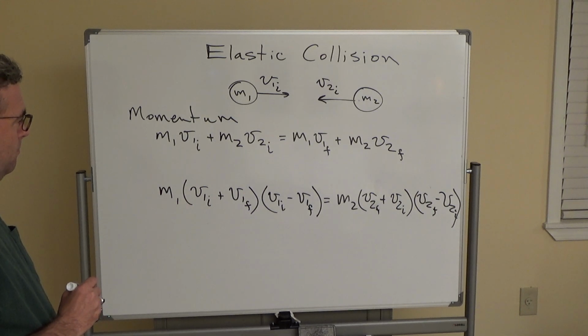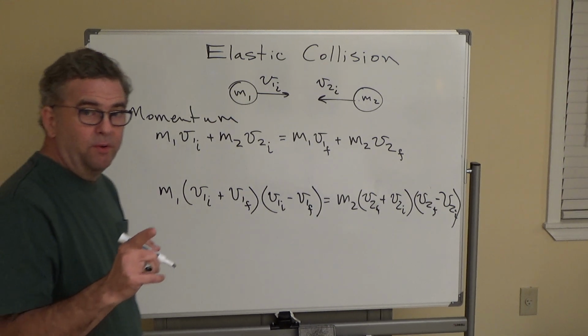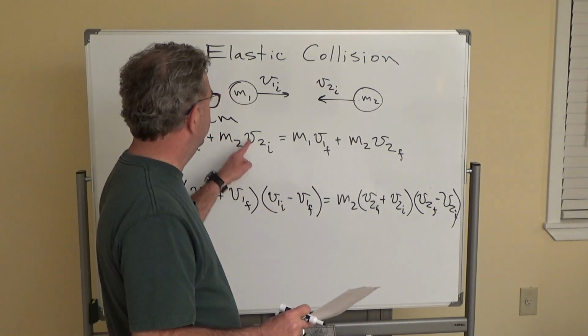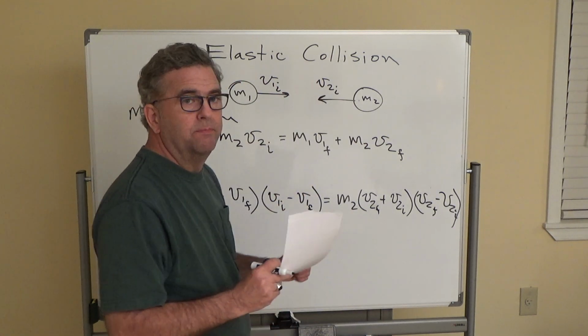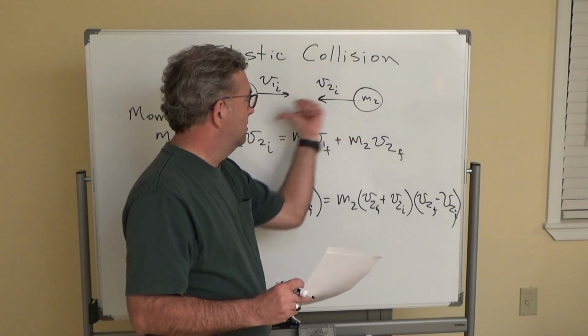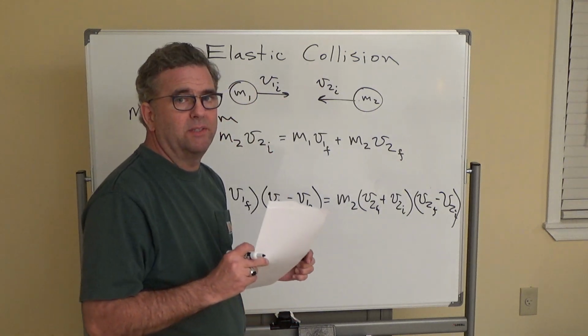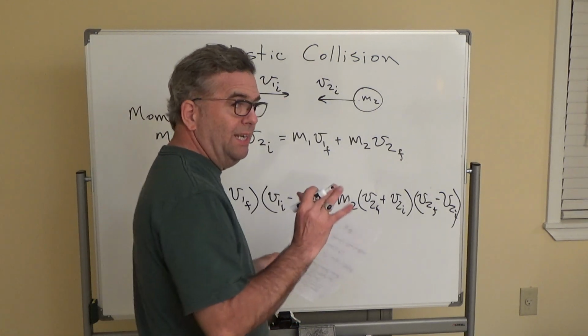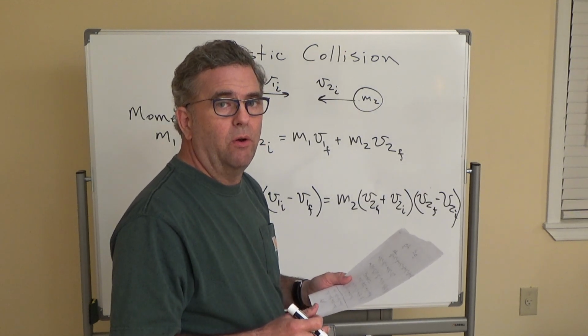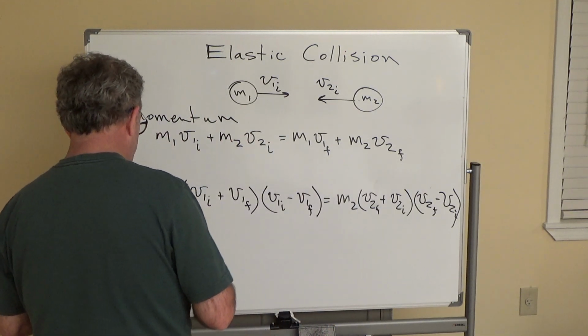Okay? Remember, there are signs involved. These have signs depending on their velocities. This has a negative velocity, this has a positive velocity. Okay, we'll see how that works when we figure out the final result for these equations.